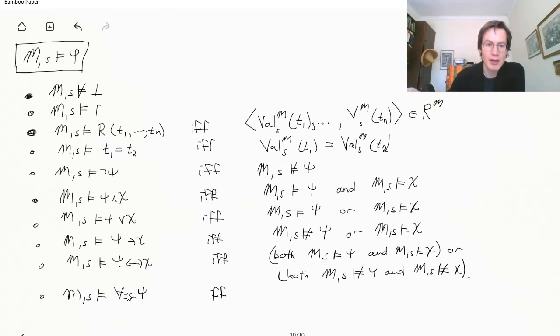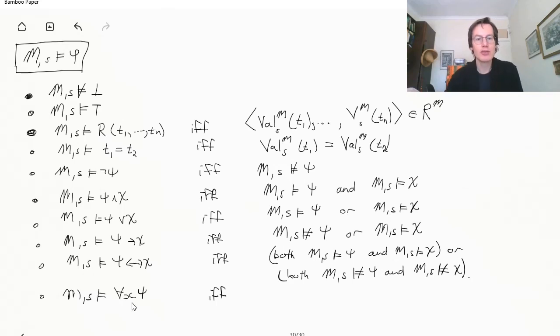So now x is a variable. So basically this says for every way that I can interpret the x, for every value in the domain that I can assign to x, psi needs to be true under that assignment. But of course, there might now be other variables occurring in psi, and their values still need to be determined by S. So we're not going to fiddle with the values of other variables in psi, only possibly with x.